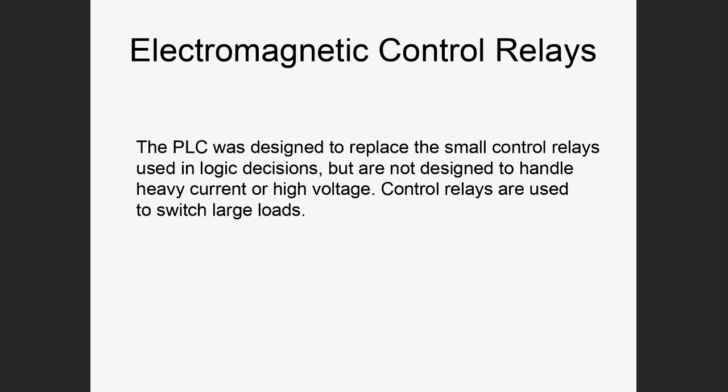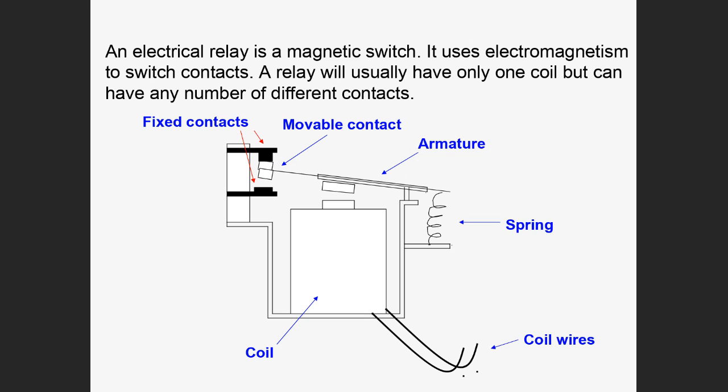I think the first day of class we talked about a relay, but just in case you want to get a physical picture in your mind of what a relay looks like, here's a simple relay. The relay consists of two separate circuits.